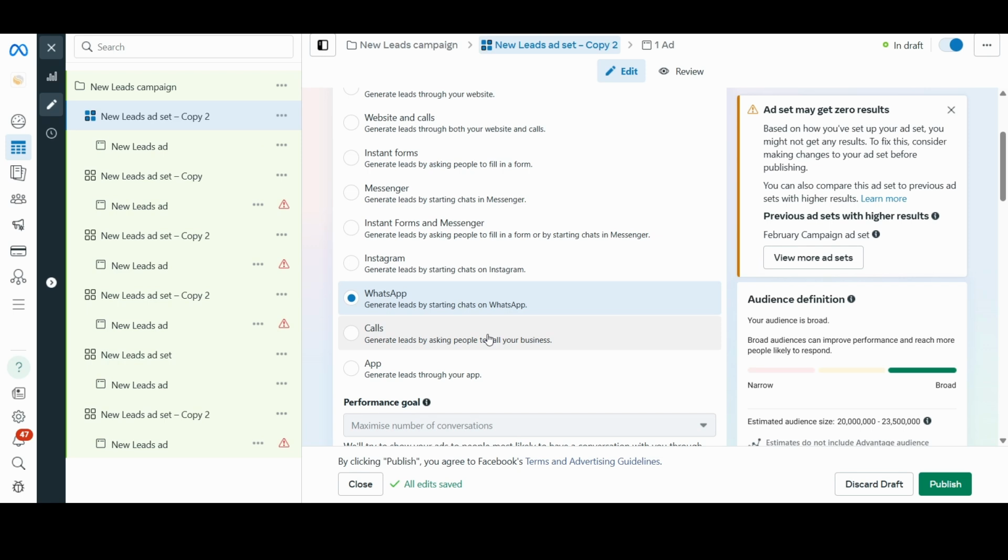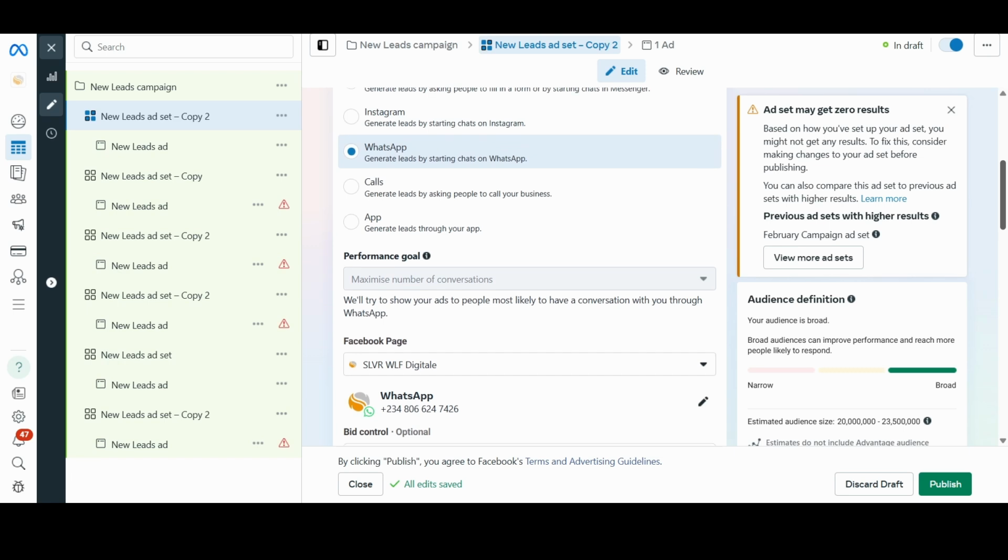So I would usually encourage people to test all the different types. Instant forms are also a very good way of generating leads. Most importantly, because you can actually qualify the leads with your instant forms. You can qualify them to decide whether these are the kind of leads you're looking for or not.